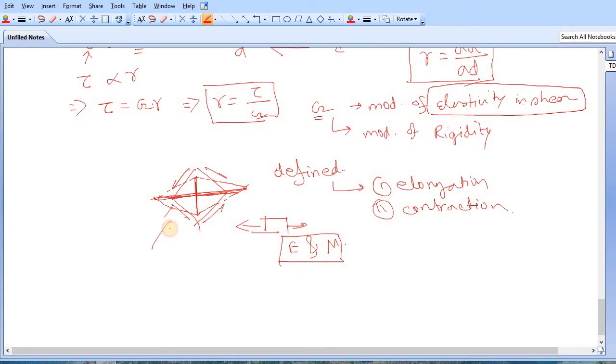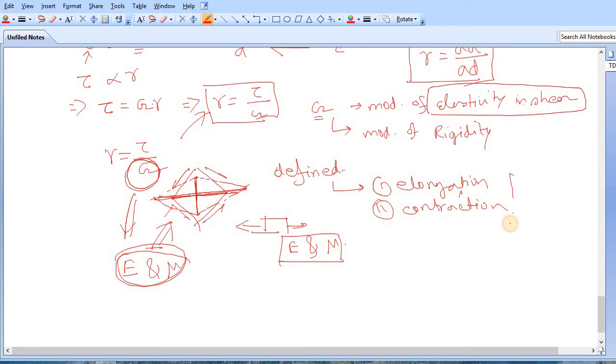That means this deformation can also be calculated by using modulus of elasticity and Poisson's ratio, but we have also learned that this deformation or the shear strain gamma is tau by G. So obviously there is a relation between this G and E and mu. So what is the relation? You have learned already there is a relation, and you have got the logic of why. Now the question is, what is that relation?